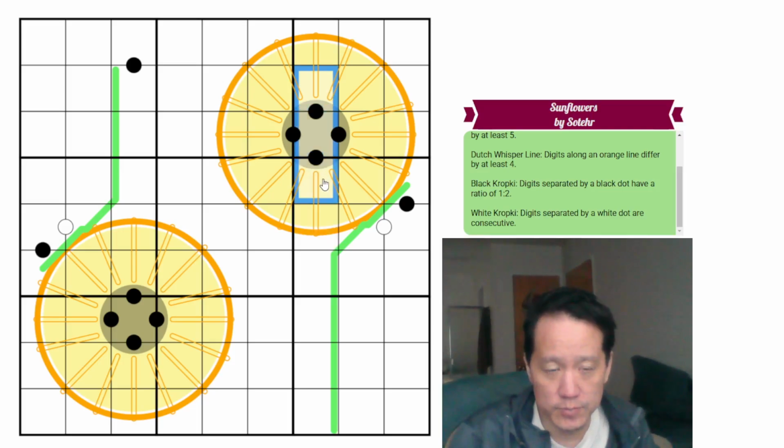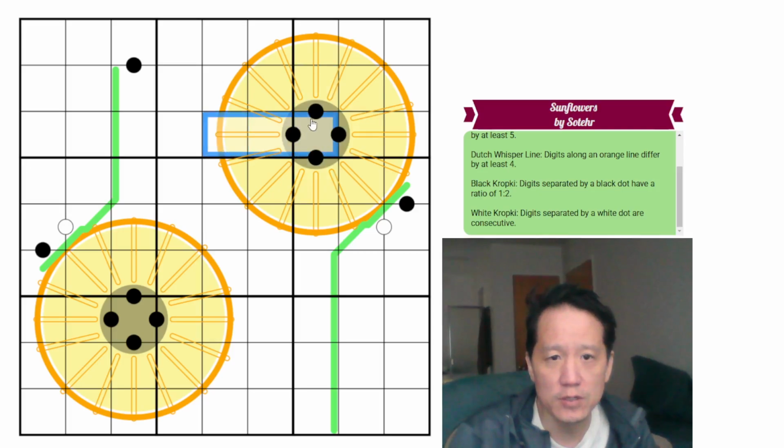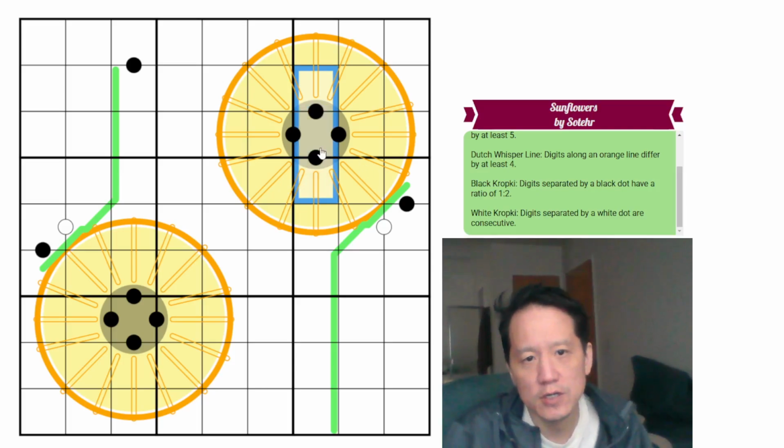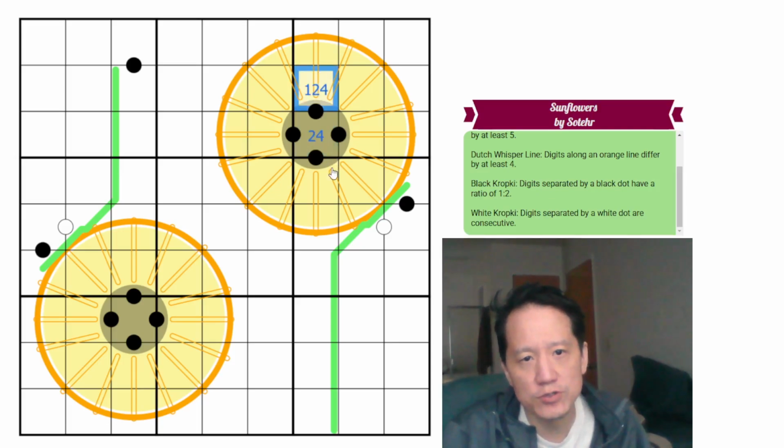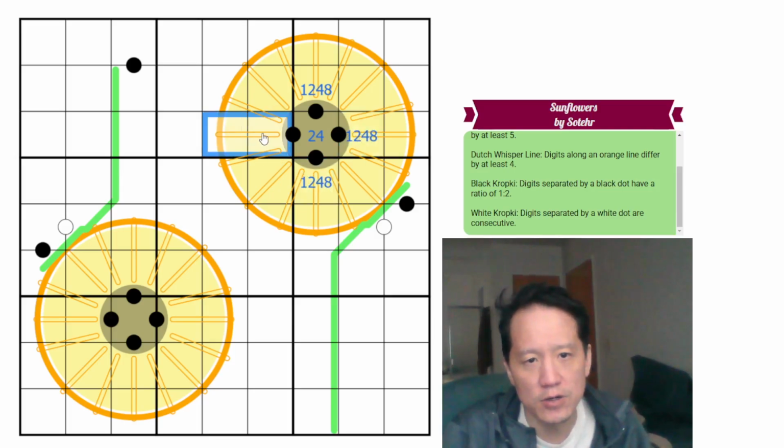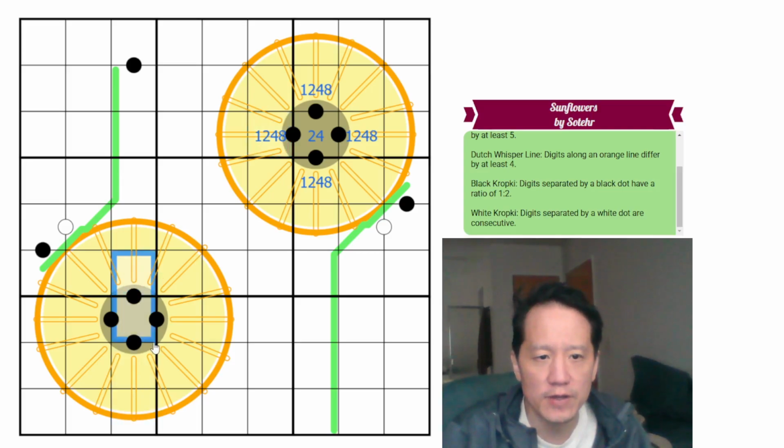This essentially has to be 1, 2, 4 or 2, 4, 8. We're not sure which. Either way, this has to be 2 or 4 in the middle. This is 1, 2, 4, 8 on the outside. This is 1, 2, 4, 8 on the outside. Similarly here, this is 1, 2, 4, 8. And we have the same information here, right? So this must be 2 or 4, and these must be 1, 2, 4, and 8.